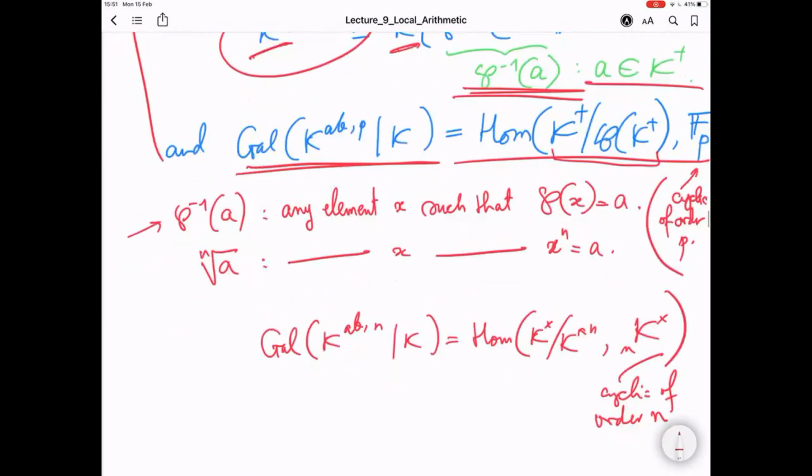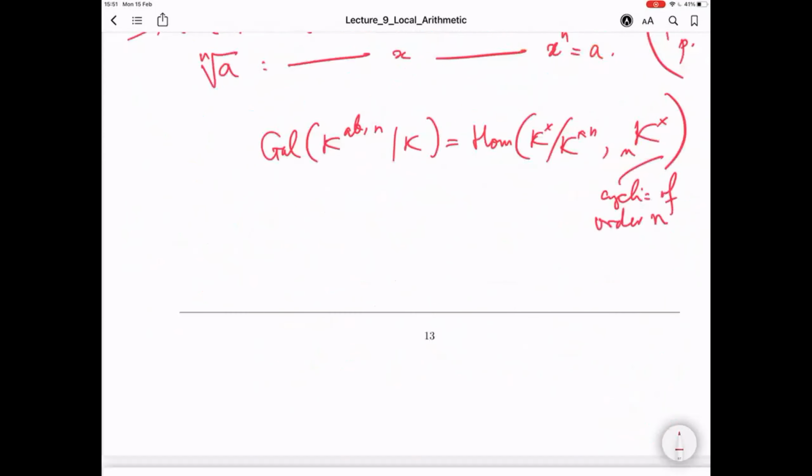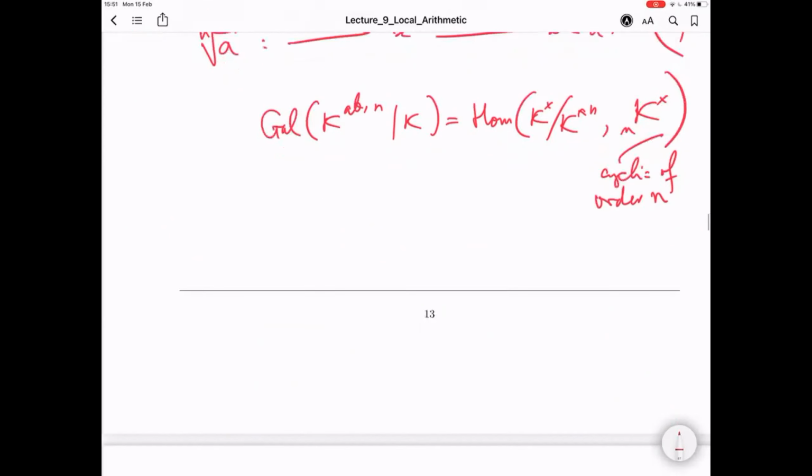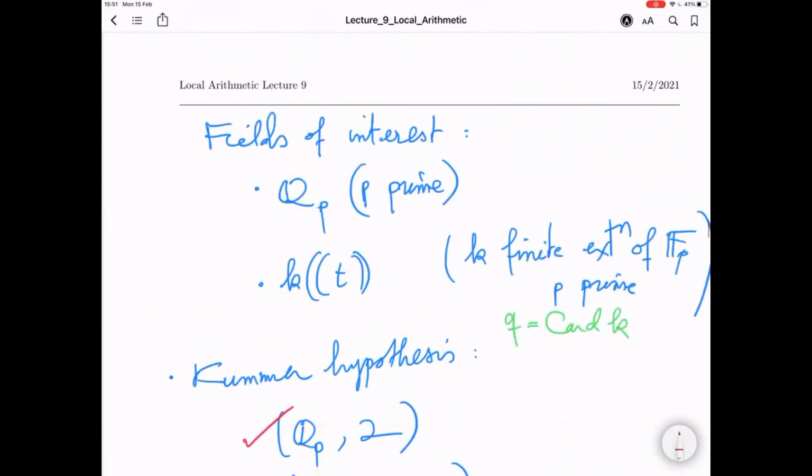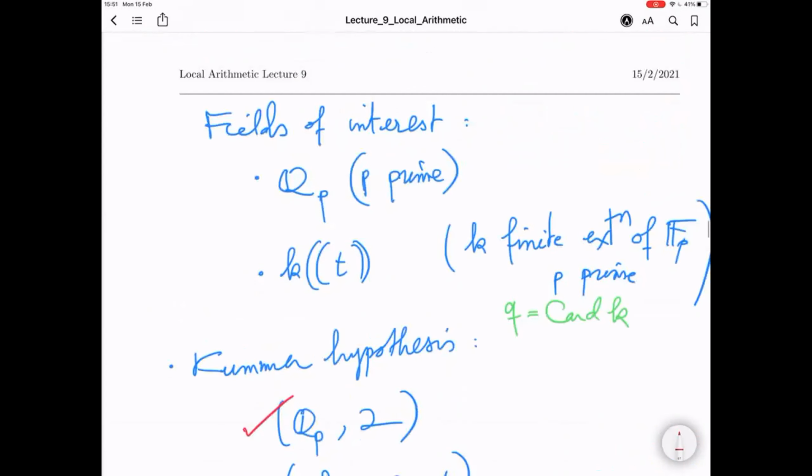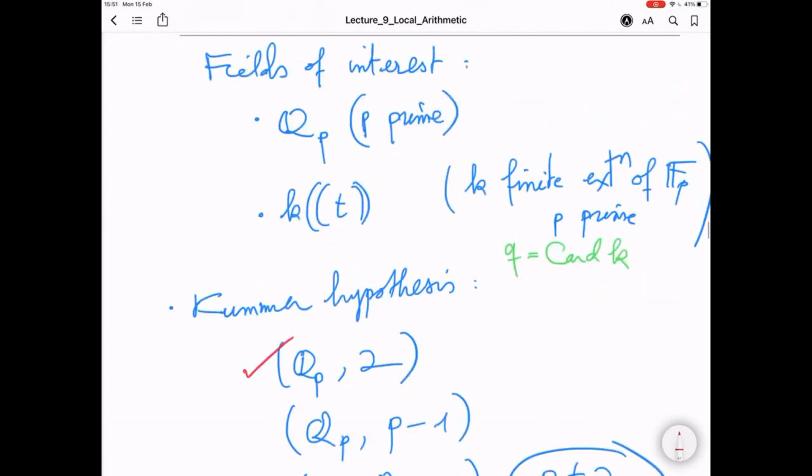Okay, so that is Artin-Schreier theory, and of course I'm not giving any proofs, and I hope that they'll be done in your courses in Galois theory. Let us finally come to the fields which are of interest to us. For the time being, the fields of interest are Qp and k power series in T. Actually, finite extensions of these fields will also be of interest, but we'll come to them later.